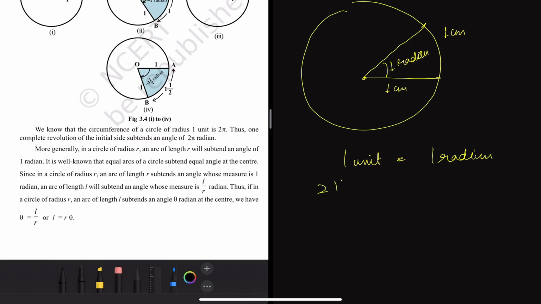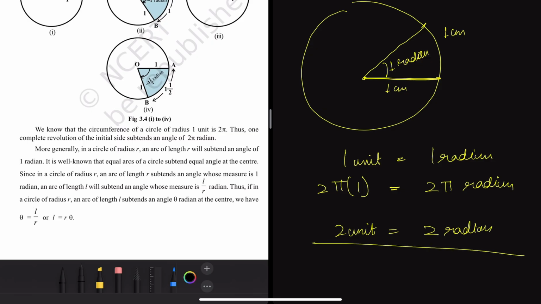Then 2 pi r, where r is 1 because the radius of the circle is 1, will subtend an angle of 2 pi radian. Okay, if I would have taken, let's say, 2 units of arc, it would have subtended a 2 radian angle. Okay, so this is how we know that the complete angle subtended by the complete circumference of the circle is 2 pi radian.